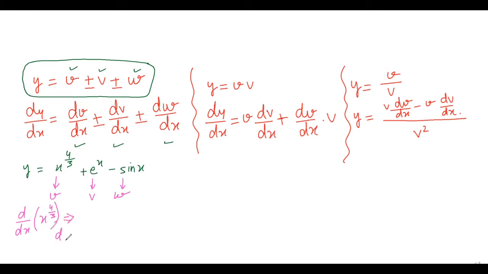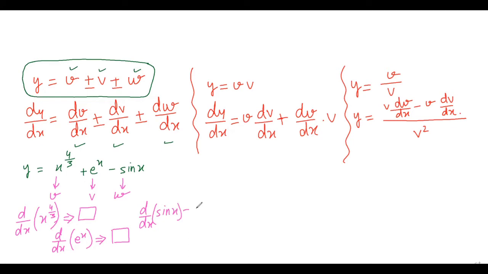I will find the differential of e^x independently, whatever might be the answer, and I will find d by dx of sin x independently, whatever may be the answer. Is it making sense? Yes, sir.